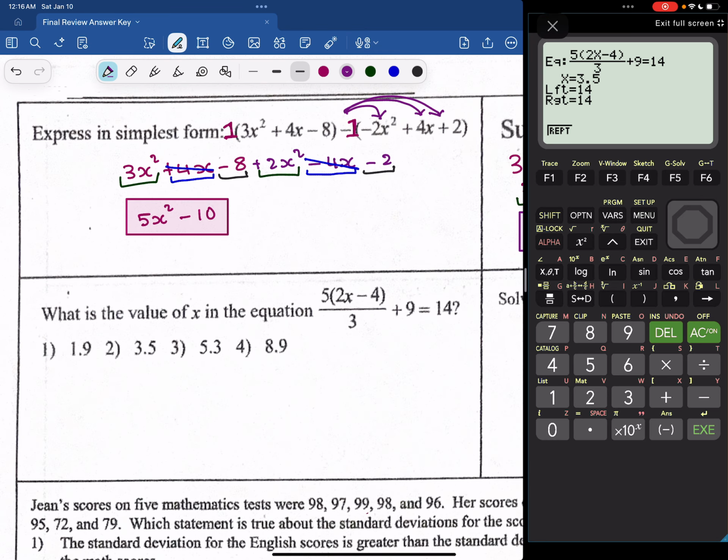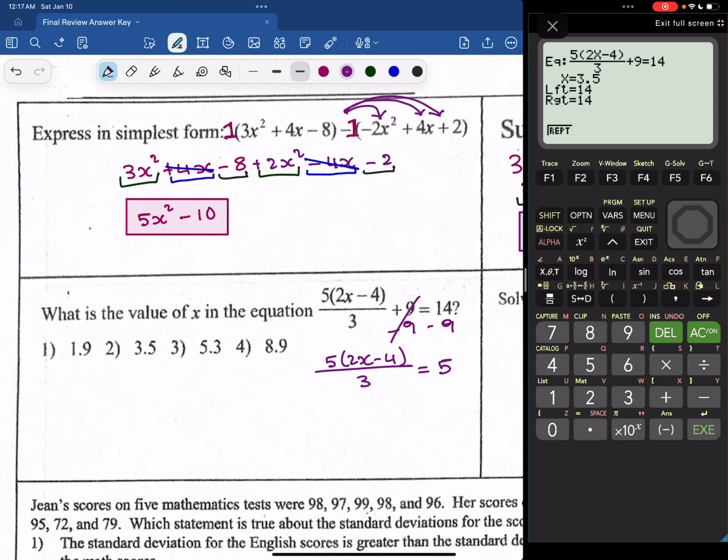If we were to solve this algebraically, our first step here would be to subtract this 9 from both sides. This will cancel, and you'll be left with 5 times 2x minus 4 over 3 is equal to 5. Then our next step, we would want to get rid of this fraction so that we can solve easily.